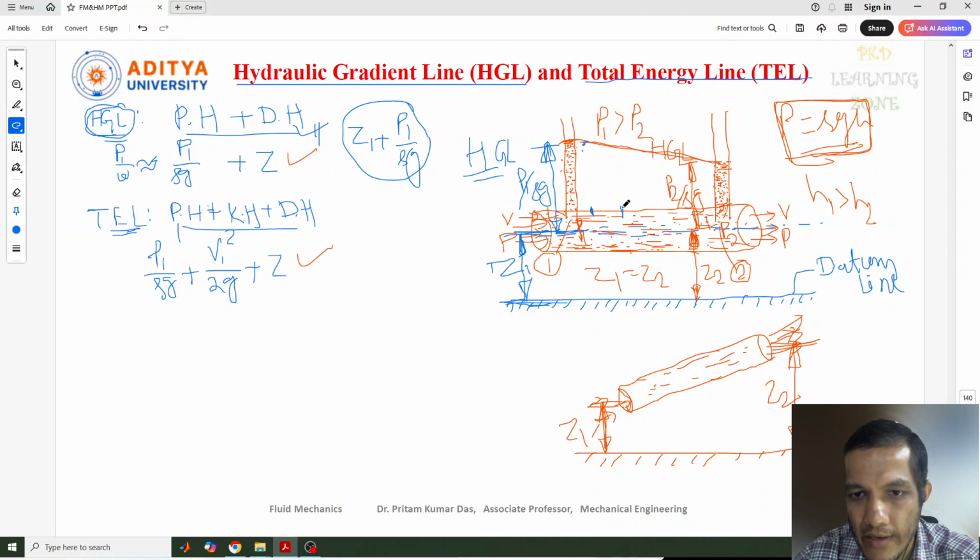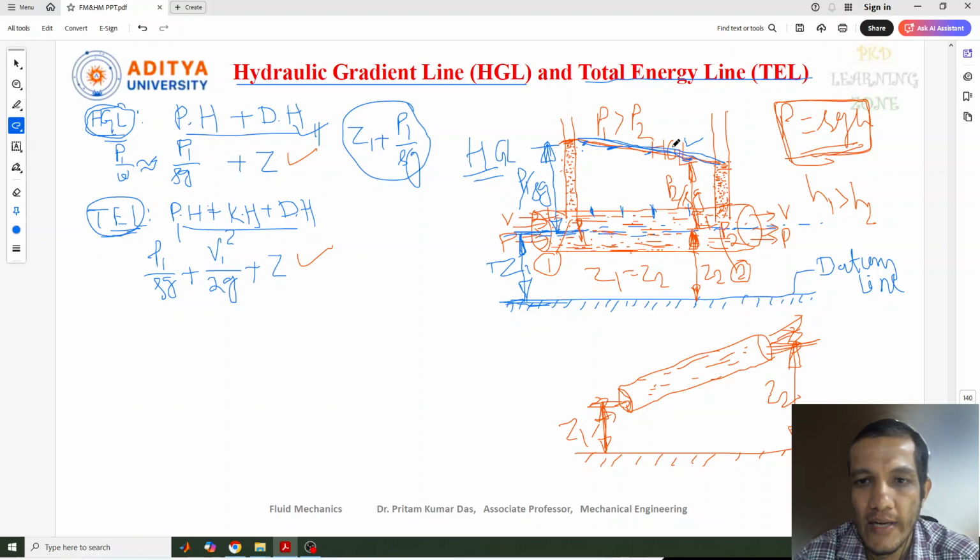Again, if I insert a tube here, I can see the water level rises in the tube up to this much distance, up to the next level. By this experiment, we can join all these points and find the HGL, the hydraulic gradient line.